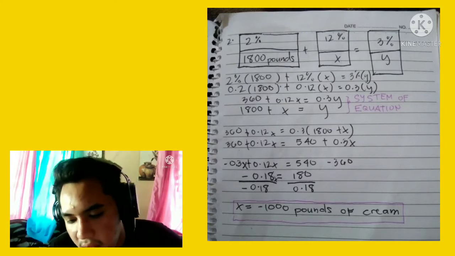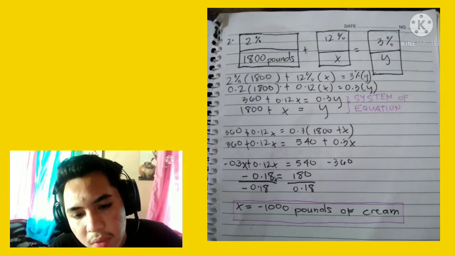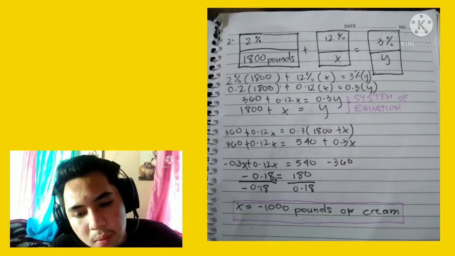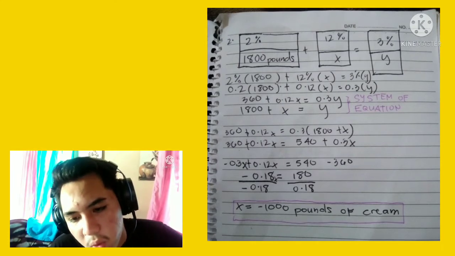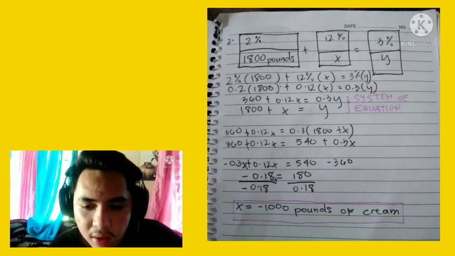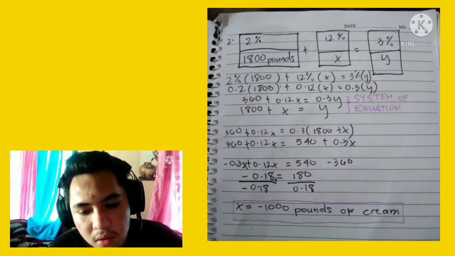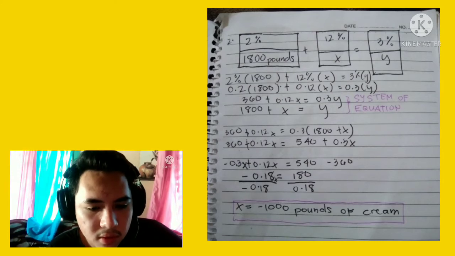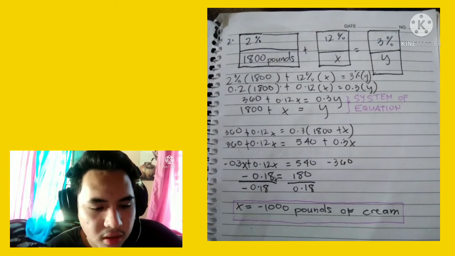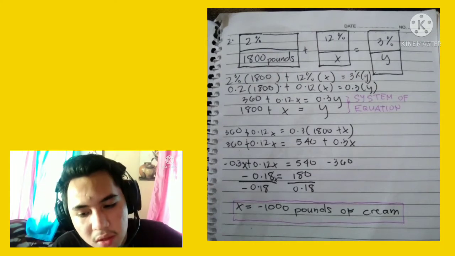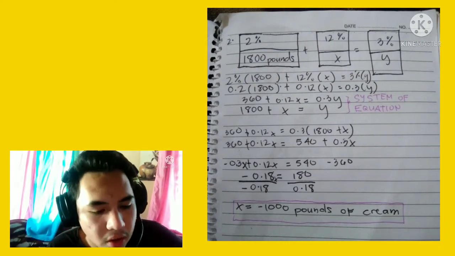So 2% is our percentage and the amount is 1,800 pounds, plus 12% and the amount is x because it is unknown, equals 3% and our y because it also is unknown. So now we will solve. So use the formula again: the percentage times amount plus percentage times amount equals percentage times amount.